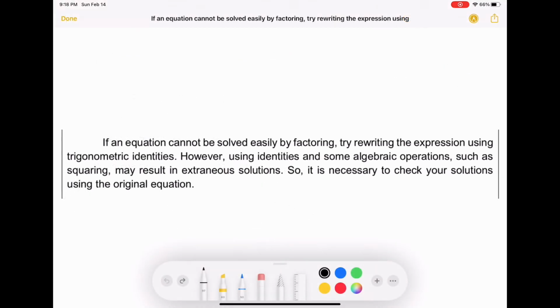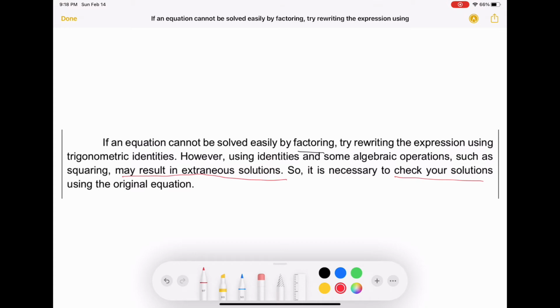Note that if an equation cannot be solved easily by factoring, try rewriting the expression using trigo identities. However, using identities in some algebraic operations such as squaring may result in extraneous solutions, so it is necessary to check your solutions using the original equation.